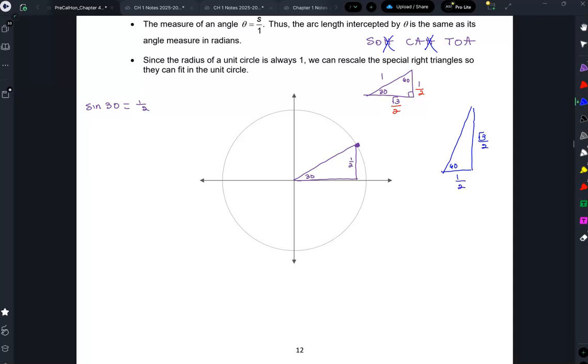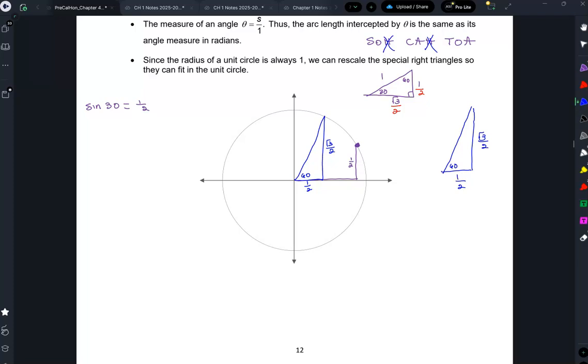So if I have a 60 degree angle there, now this is root 3 over 2, and this is a half. So what's the sine of 60? Just root 3 over 2. You don't have to draw this one.